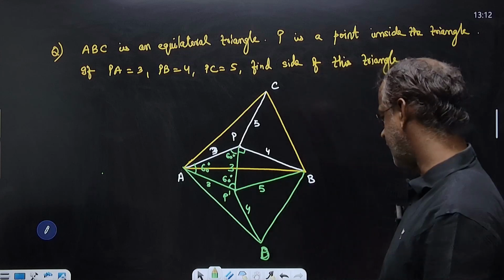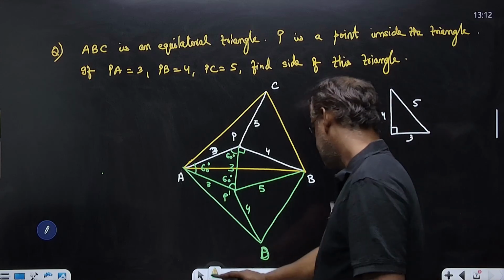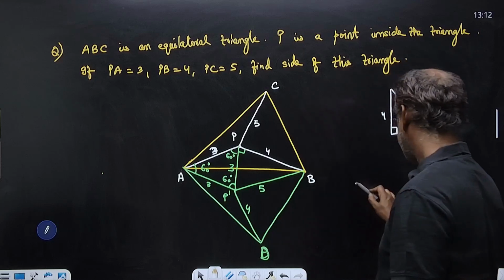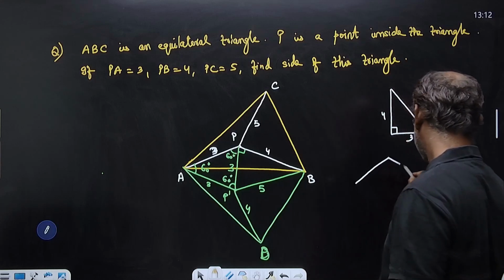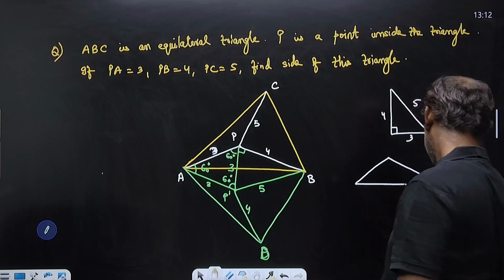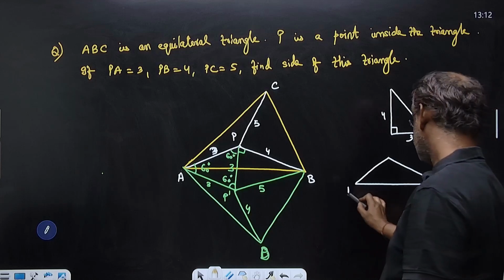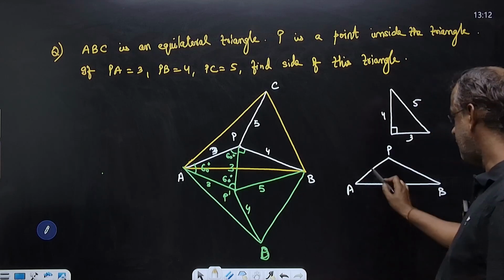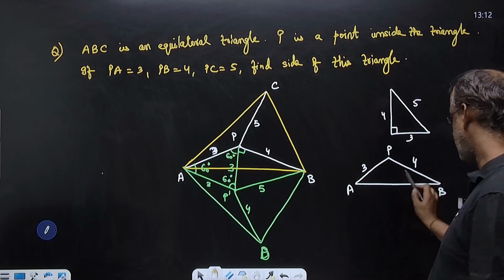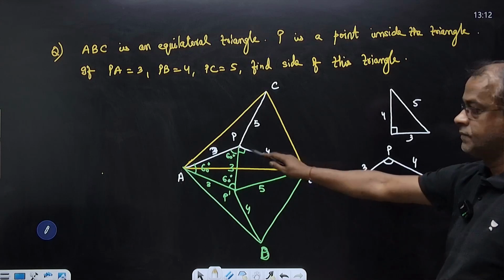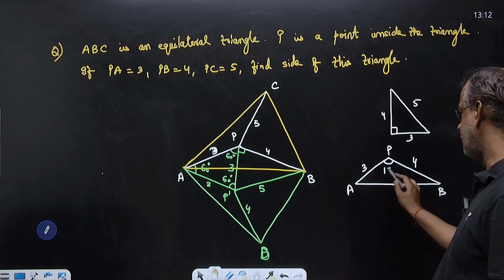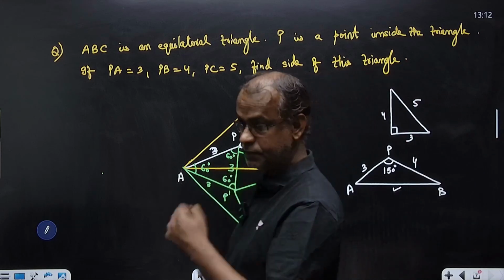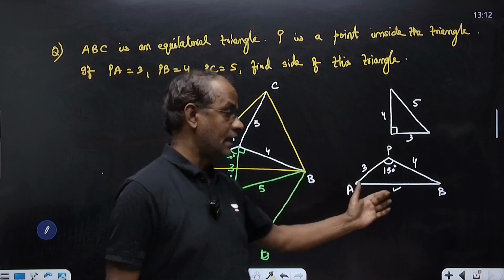So, you can think of triangle PAB. Now, think of triangle PAB simply. You are given two sides, 3, 4, and what is this angle? 150 degrees. You can find side AB, cosine law, two sides and the included angle.